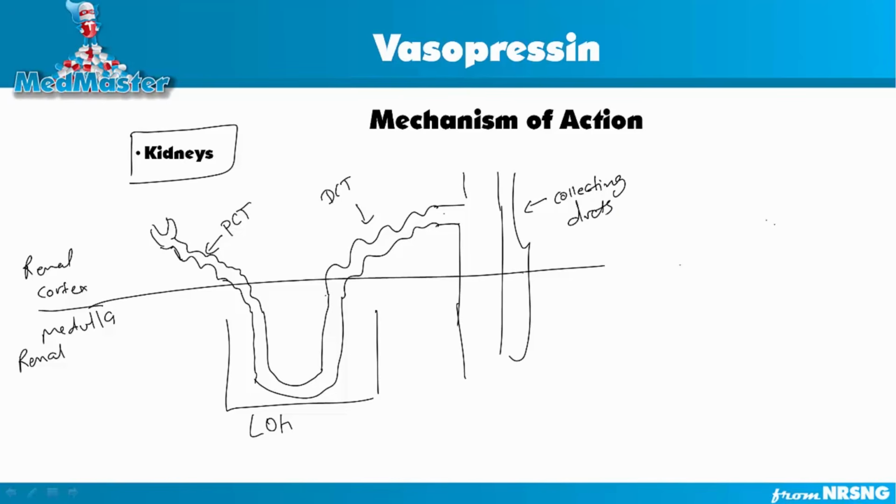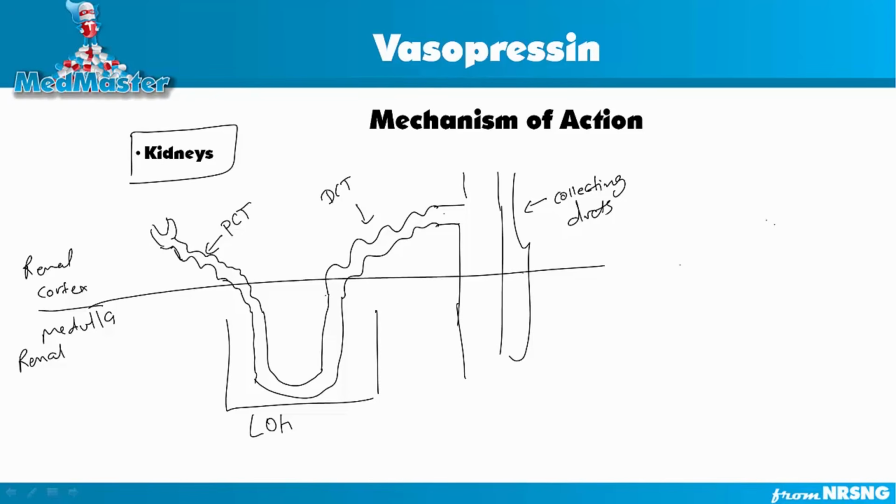ducts. Now whenever there is a decrease in perfusion of the kidney, decrease in arterial pressure, or a low volume in the blood, in body vessels, it sends a signal to the hypothalamus and says, hey, we have a problem here, like a decrease in blood pressure, we need more fluid in our body.